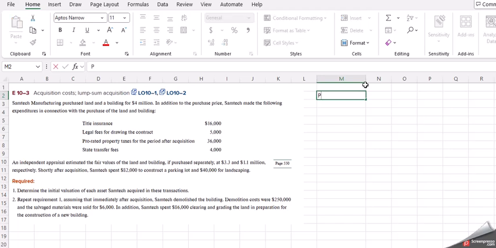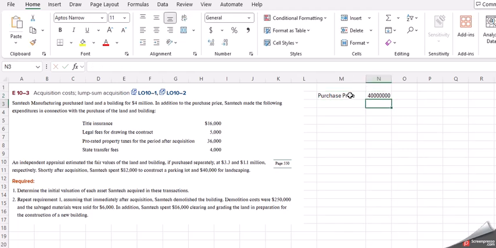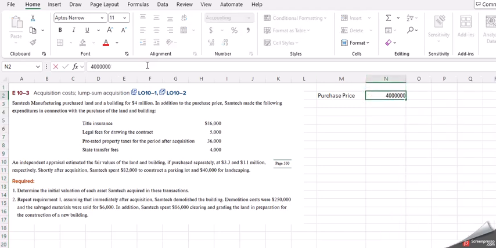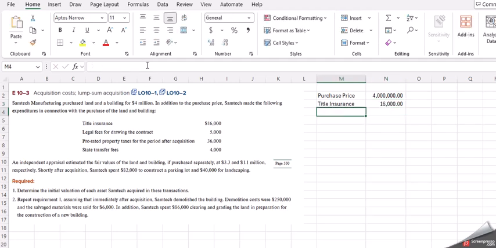So we'd have our purchase price of $4 million. Then we would include the title insurance because, again, that's necessary to purchase the land and the building, the legal fees.